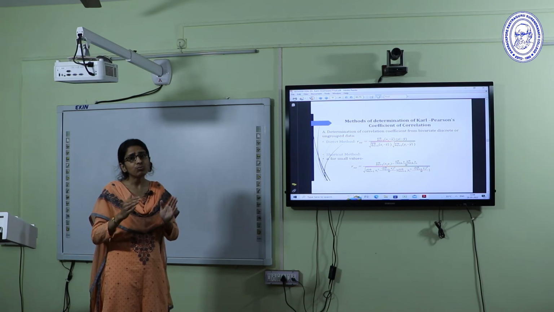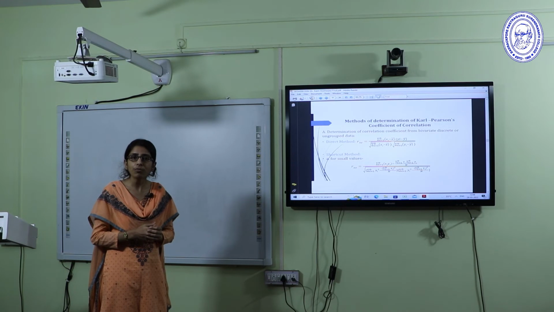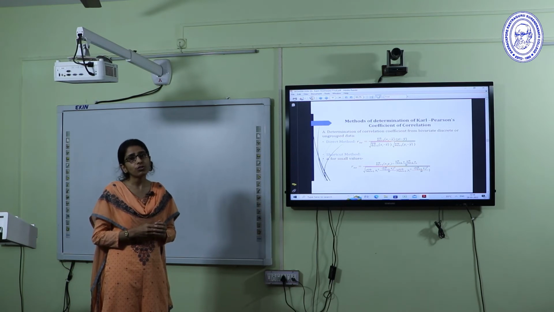This is a popular and general method for the calculation of Pearson's coefficient of correlation.